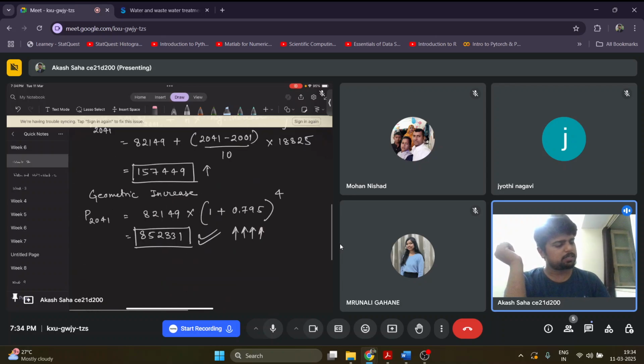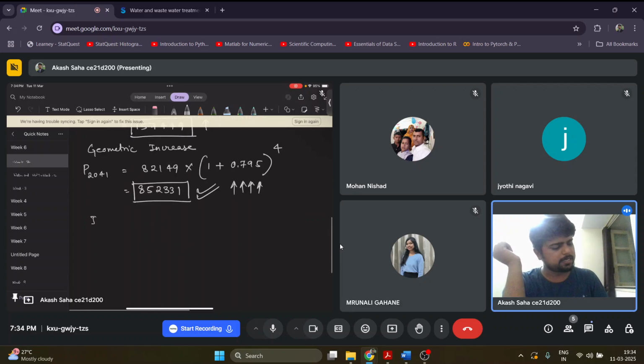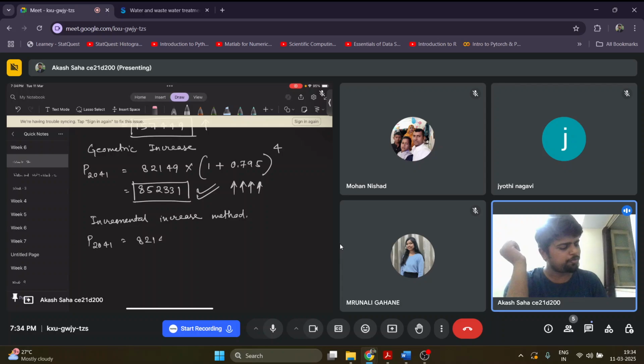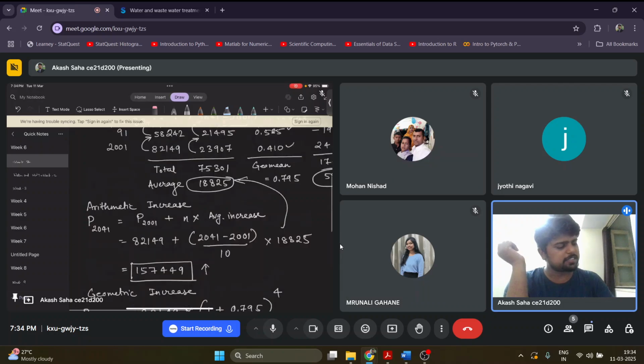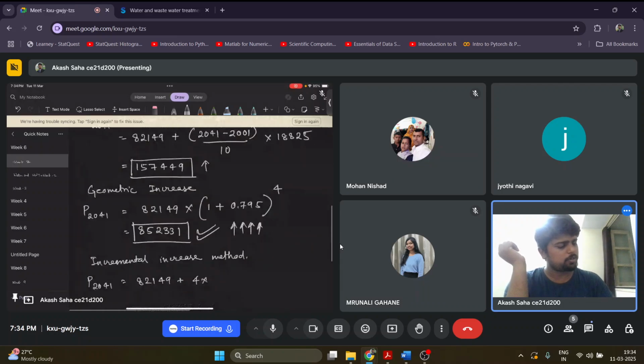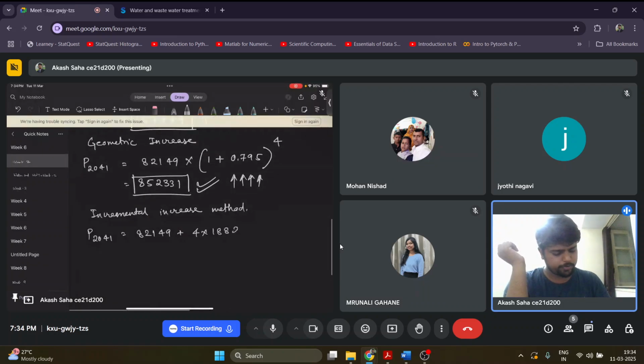So as per the incremental increase method, the population at 2041: first, same as the arithmetic increase method, 8214 plus number of decades 4 into the average increase, which is 18,825.